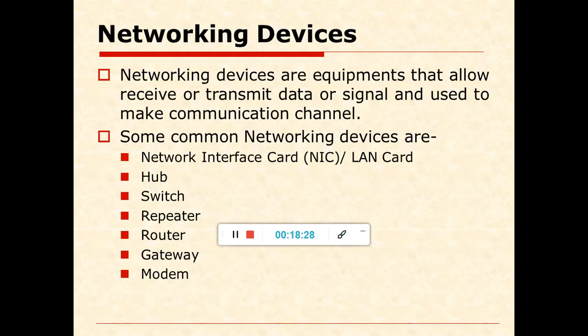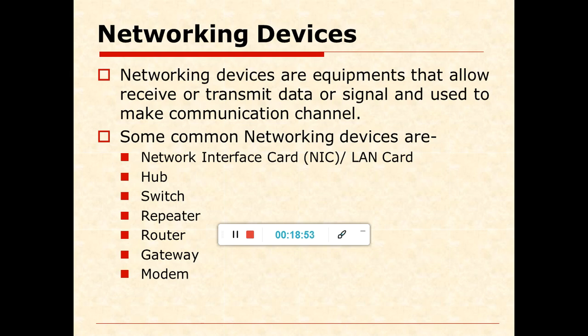The next one is networking devices. Networking devices are equipment that allow, receive or transmit data or signal, and are used to make a communication channel. So networking devices are used for what?